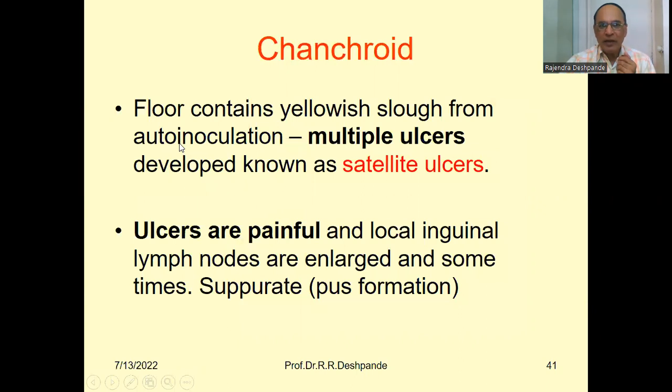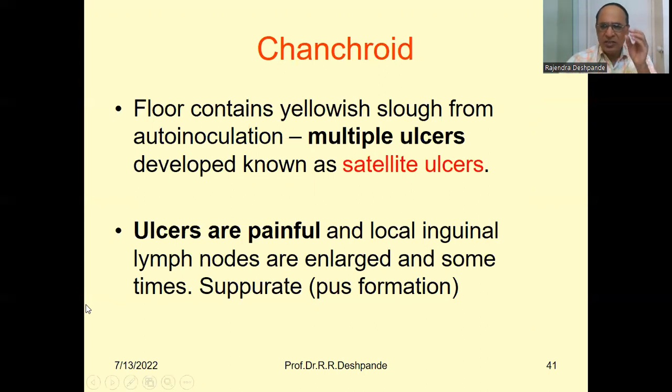The chancroid ulcer contains yellowish slough from auto-inoculation. Multiple ulcers develop, which are also known as satellite ulcers. One central ulcer, and around that there will again be small ulcers. Those are called satellite ulcers.